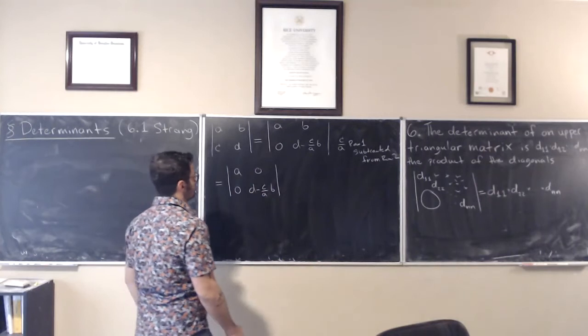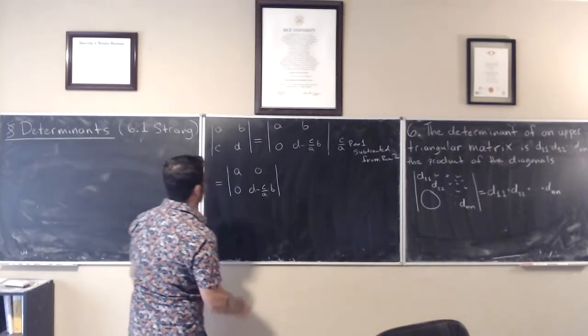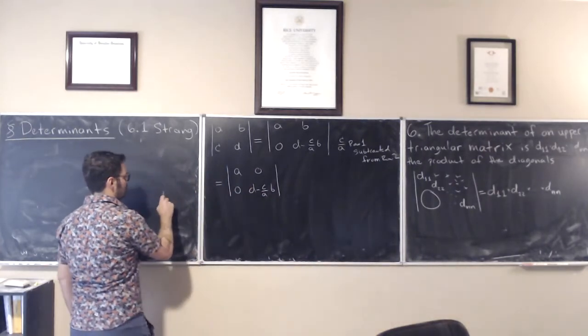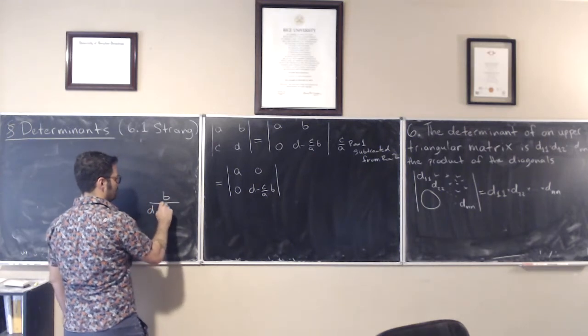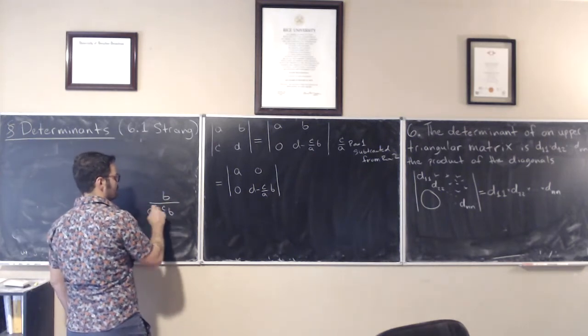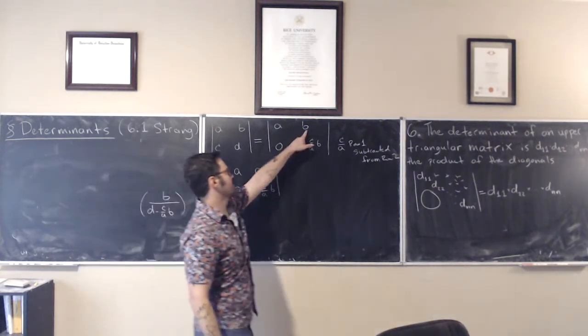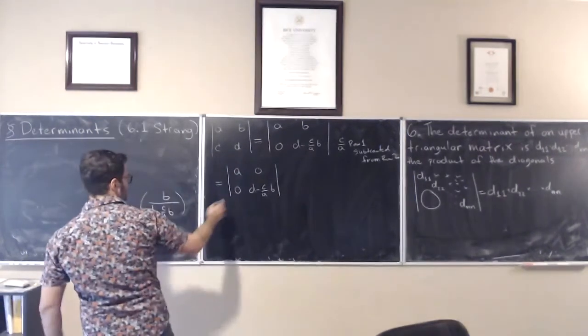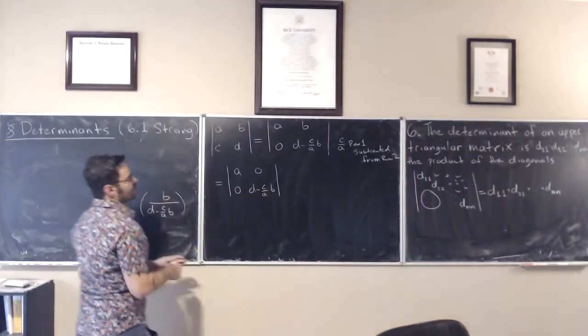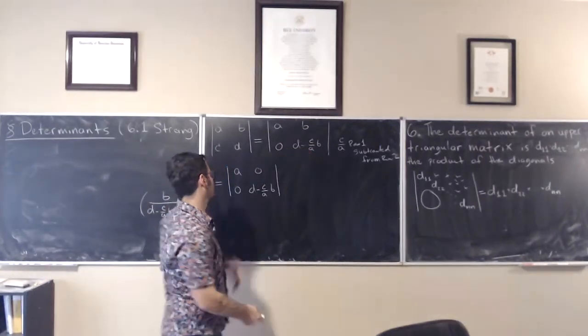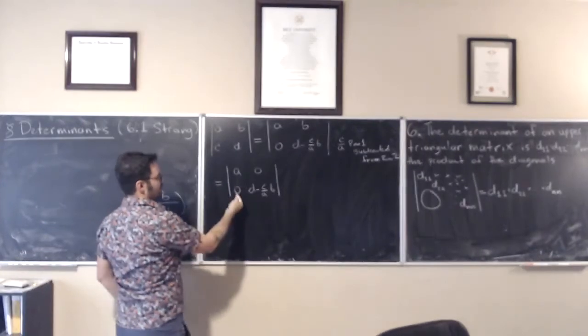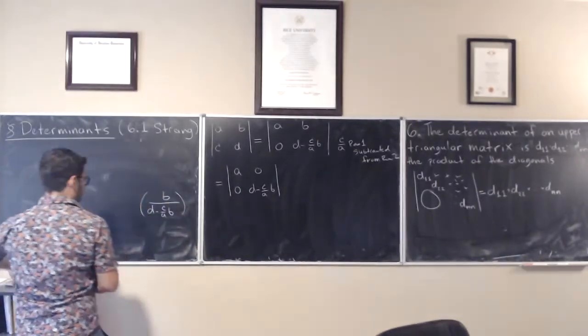So I multiply this row by B over D minus C over A times B, and I subtract it from the top row, and that becomes a 0. Because this times this is just B, and then that B minus B goes away. That times 0 is just 0, so there's no change to A.